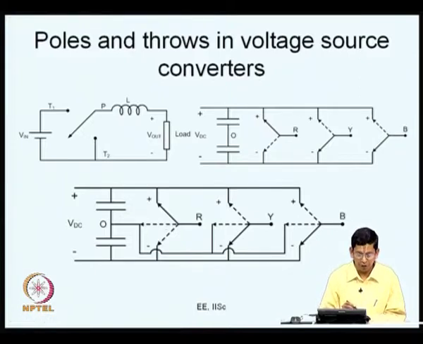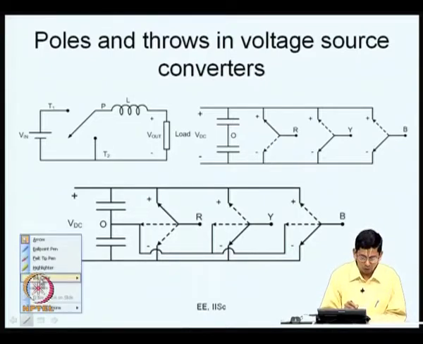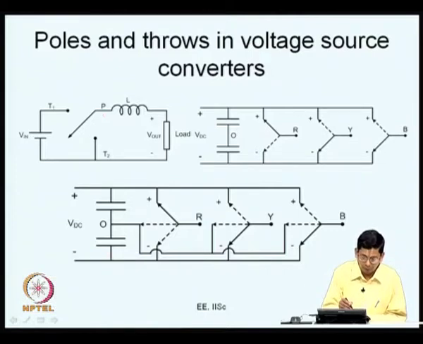What we do here is essentially control these pole voltages, or rather the average pole voltage. If I want to control this average pole voltage, the pole is either connected to T1 or T2. So, the voltage applied at the pole is either VDC or 0 in the case of a buck converter.